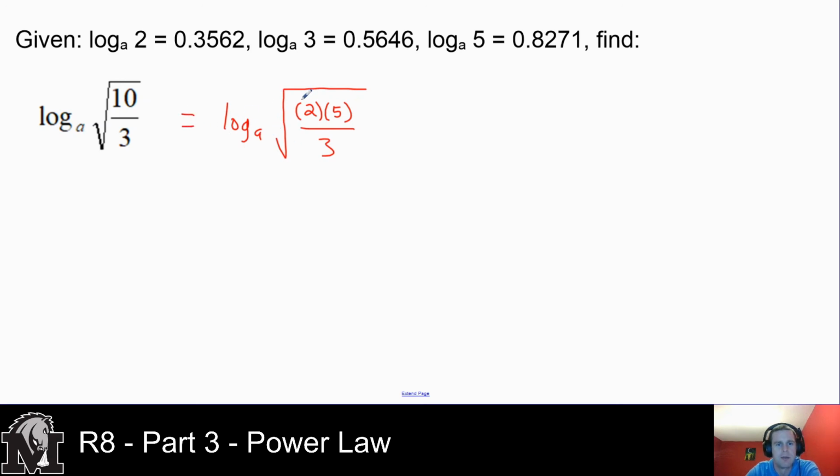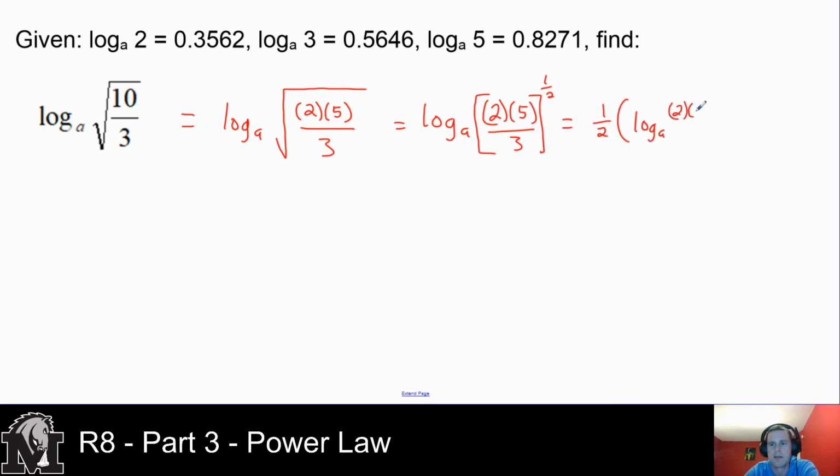My next line would really convert this radical into an exponent. So log base a of 2 times 5 over 3 is actually raised to the power, this whole thing, 1/2. Then what I can do is write this 1/2 out in front of the logarithm. So we have 1/2 log base a of 2 times 5 over 3.